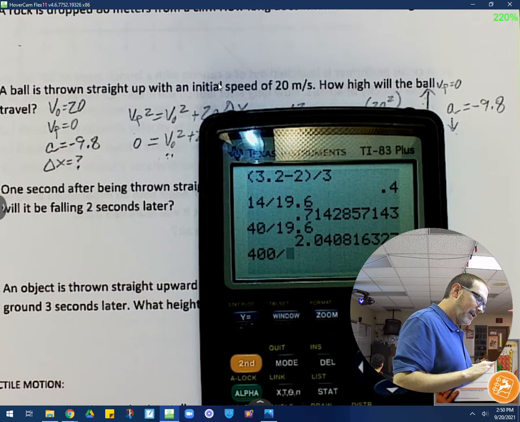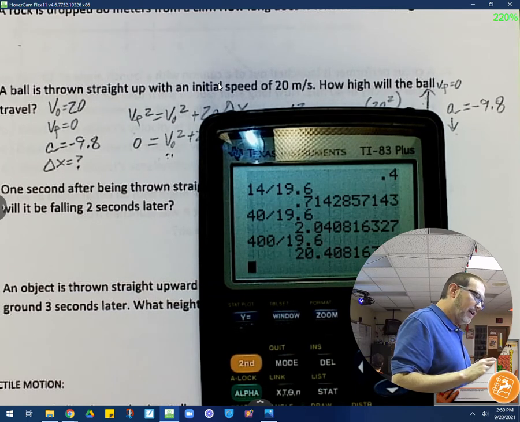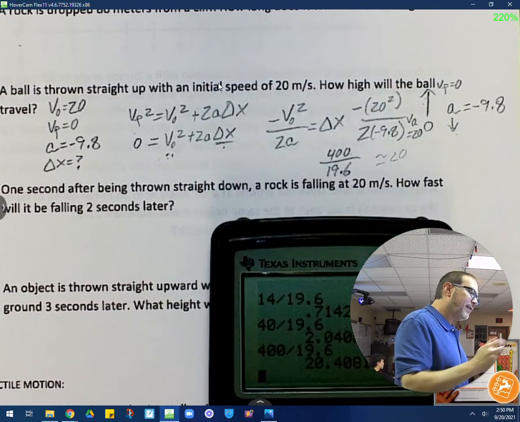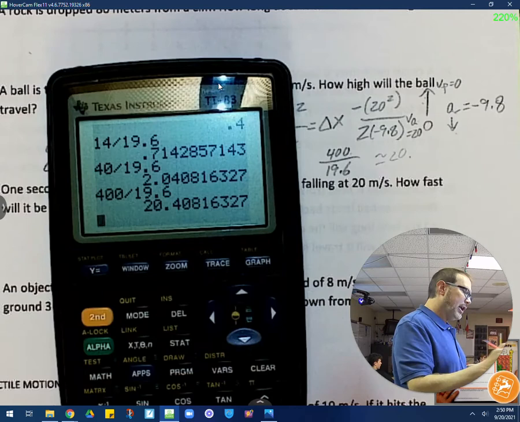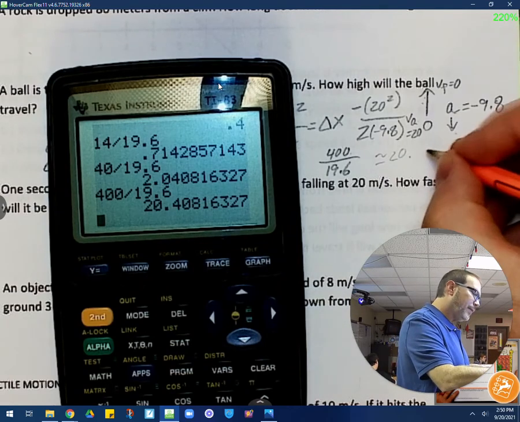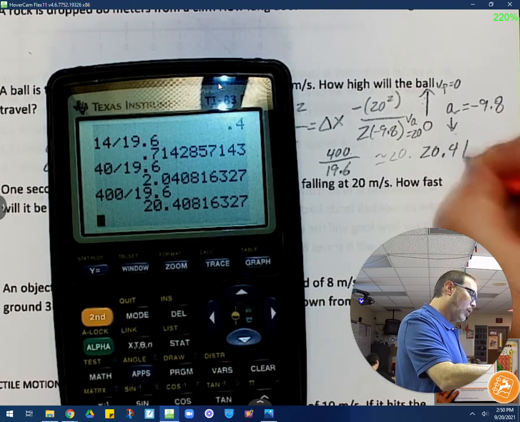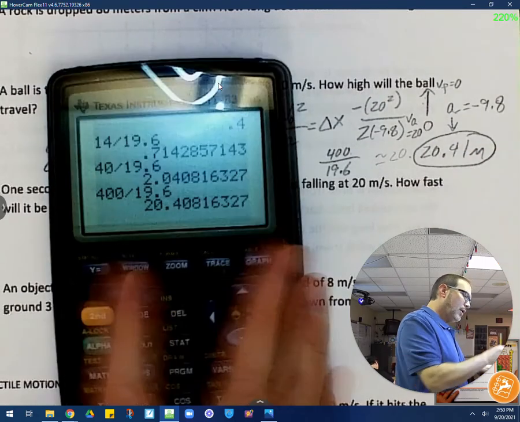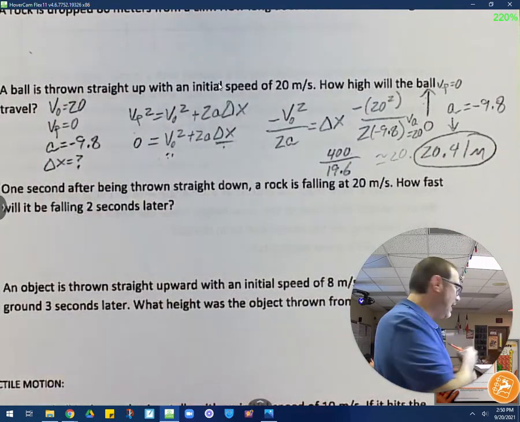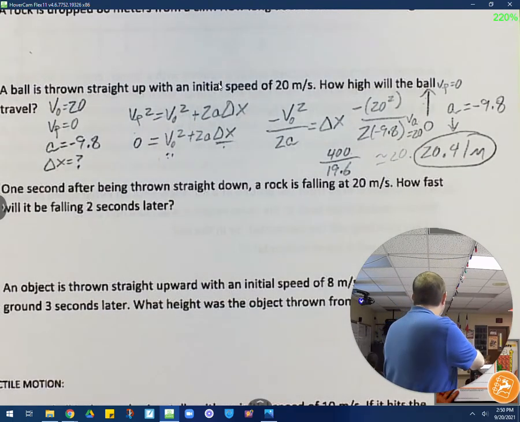That part is 20.41. Great, and we were shooting for 20 as our rough estimate there. So 20.41 meters. Whew, look at all that math we had to do to solve that one thing. Is there any step of that that's especially difficult?